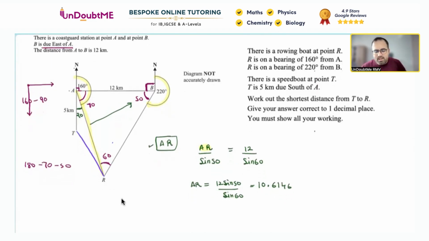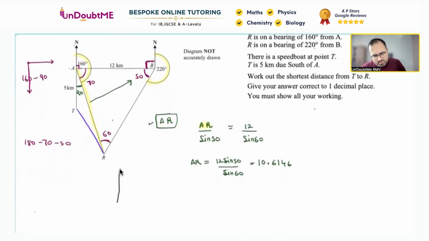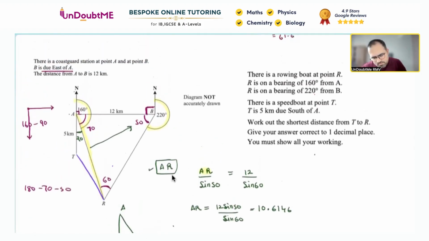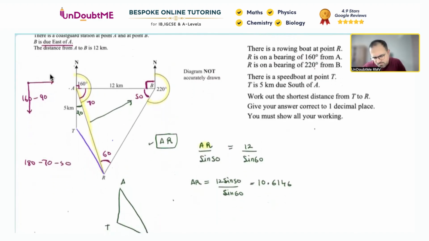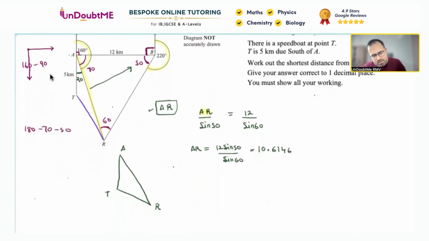Now, since I have got AR, I will just make that triangle again, that small triangle. This is ATR. So this is 5, this is 20, and this is 10.6.